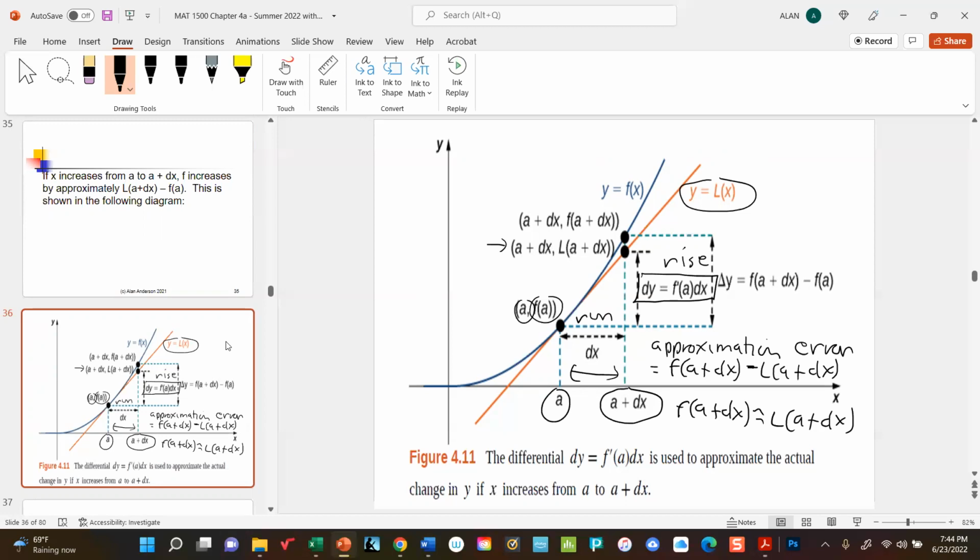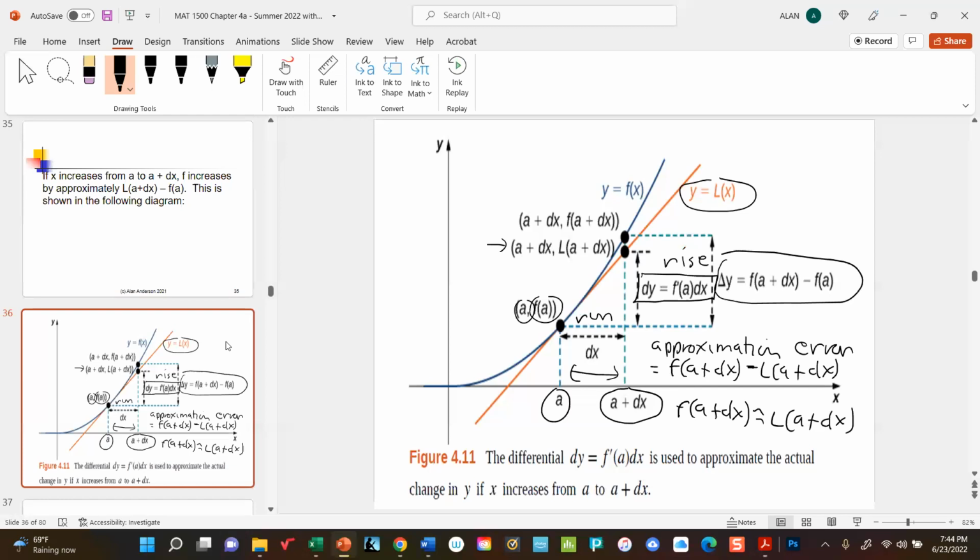So when x changes by dx, according to this linearization function, dy changes by f prime of a times dx. But the actual change is here. That's what the function is equal to at that point.